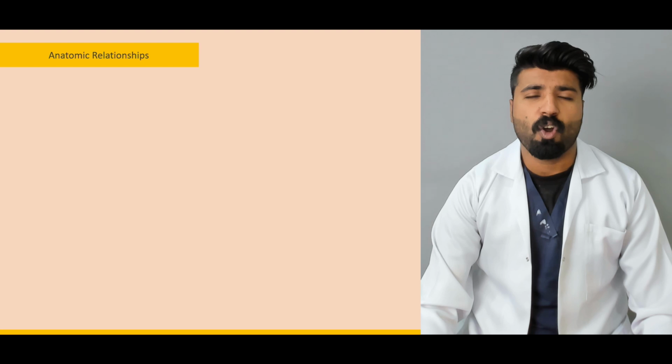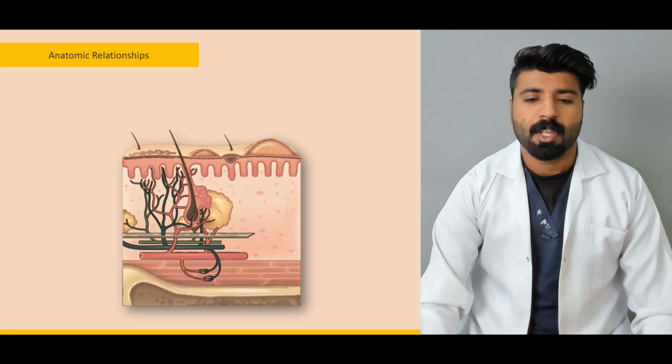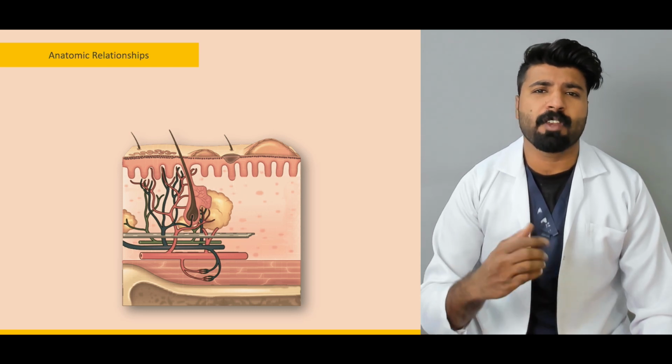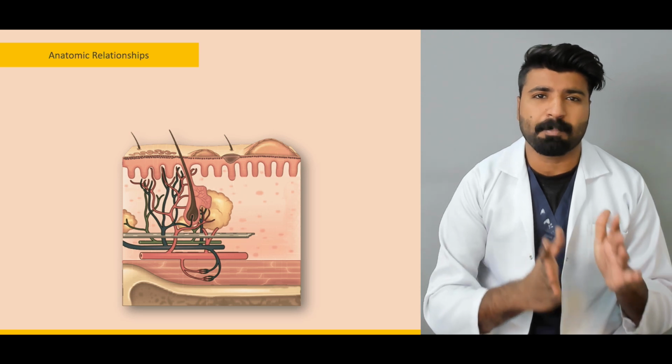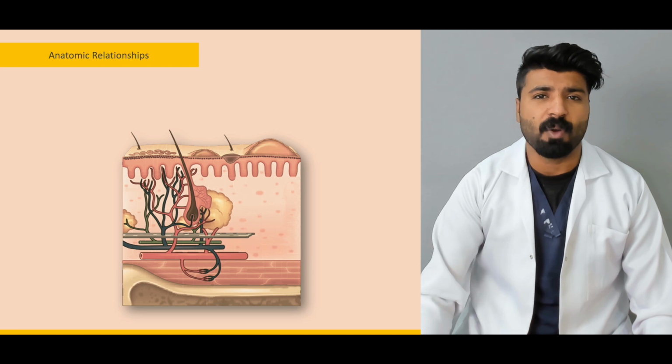Before we head into the skin infections, we have to know what the anatomical relationships of skin are. In order to know that, we have to see the basic structure of skin very thoroughly. As you can see, this is a specimen of skin so that you know where all these structures, the epithelium, epidermis, dermis, follicles and strata, are found.